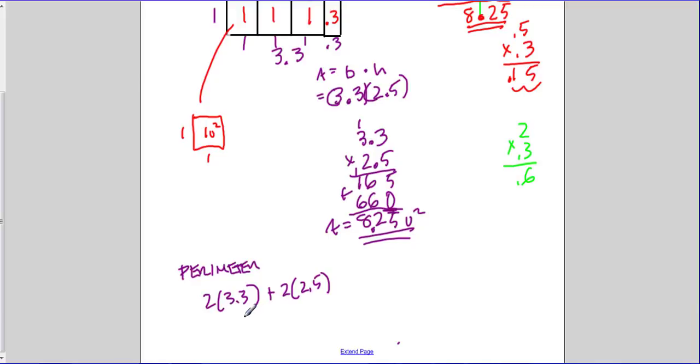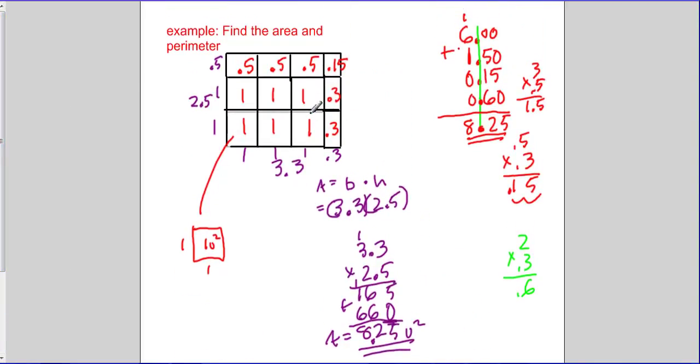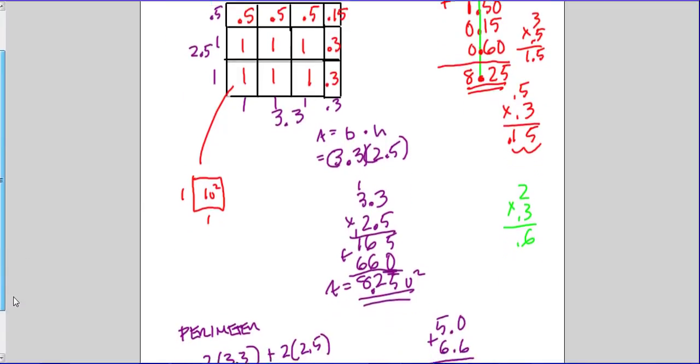Well, 2 times 3.3 is 6.6, and 2 times 2.5 is 5.0, or just 5. So I add those up. Again, after the 5, I need to put a decimal point. So I get my perimeter to be 11.6 units. And since perimeter is a length, it's not how much space is taken up, it's just a unit, it's not a square unit.